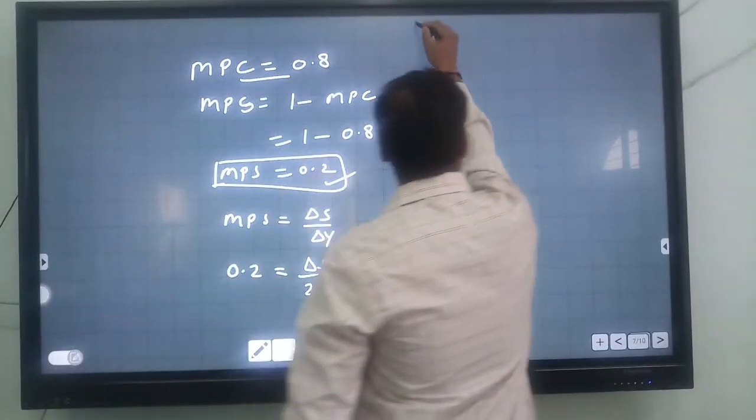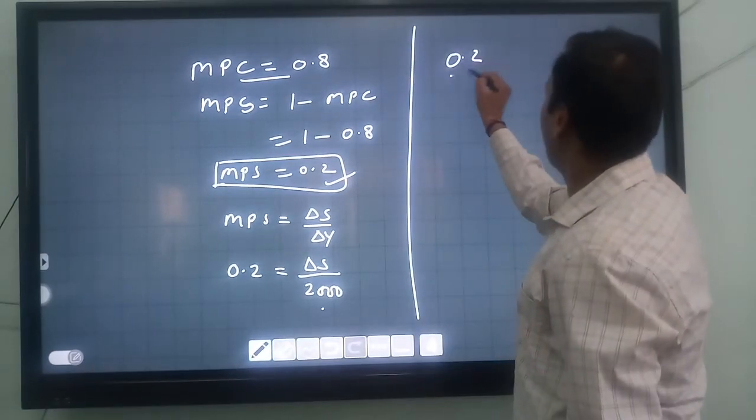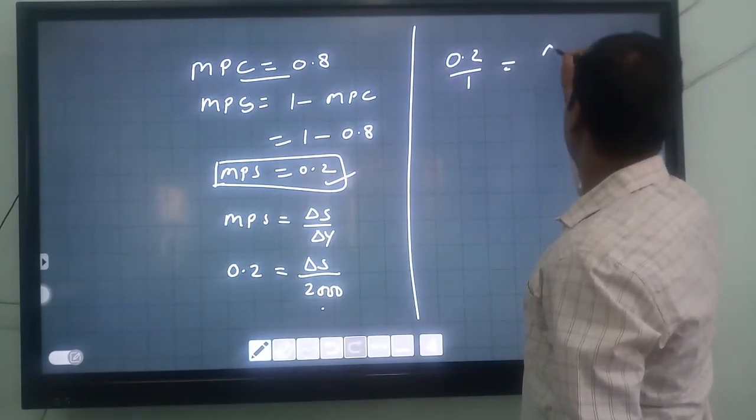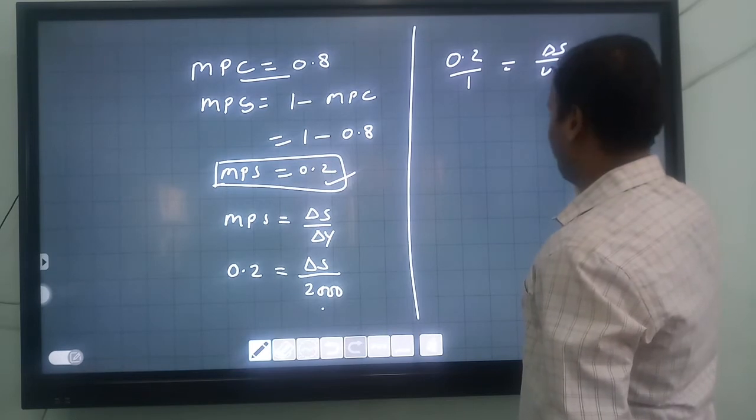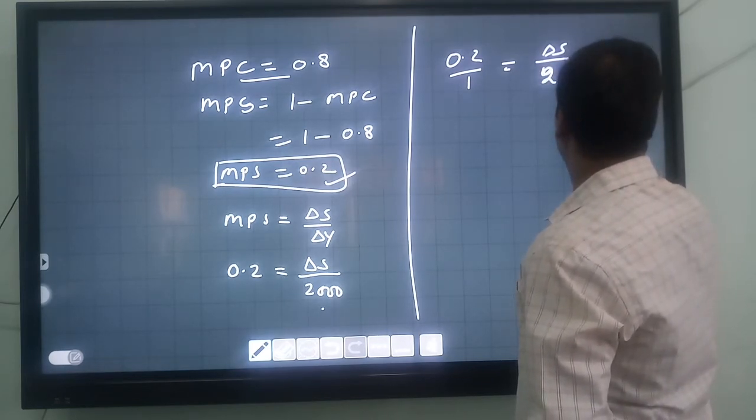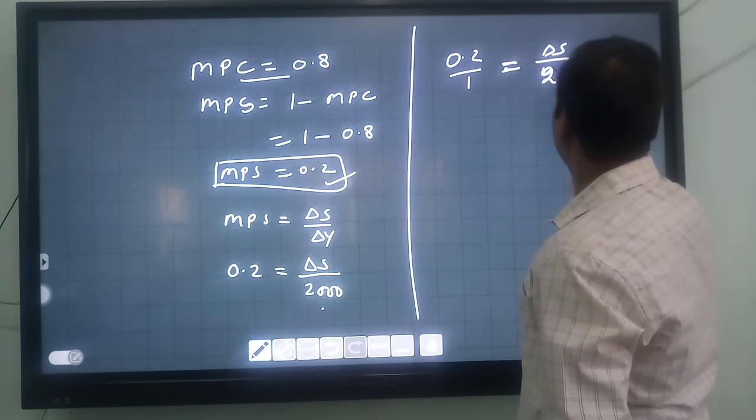So 0.2 upon 1 is equal to delta S upon 2000.